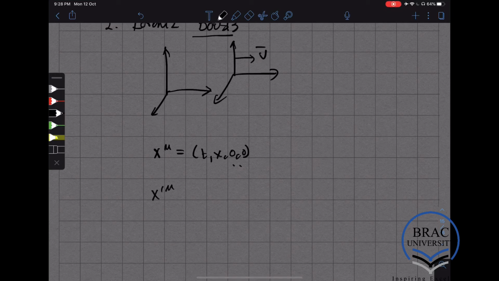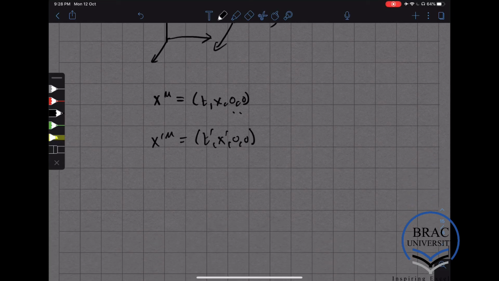So we get x prime mu is t prime, x prime, 0, 0. And then special relativity tells us that the interval will be invariant. So we have t squared minus x squared is equal to t prime squared minus x prime squared.